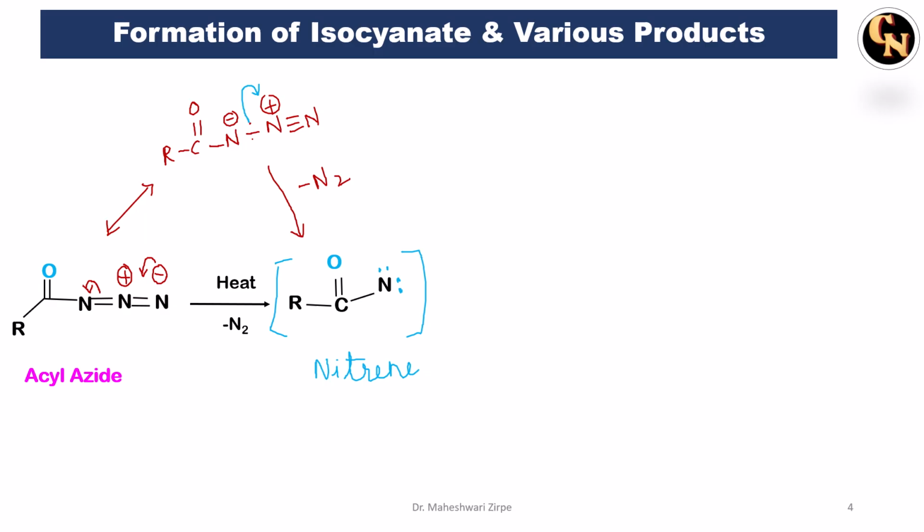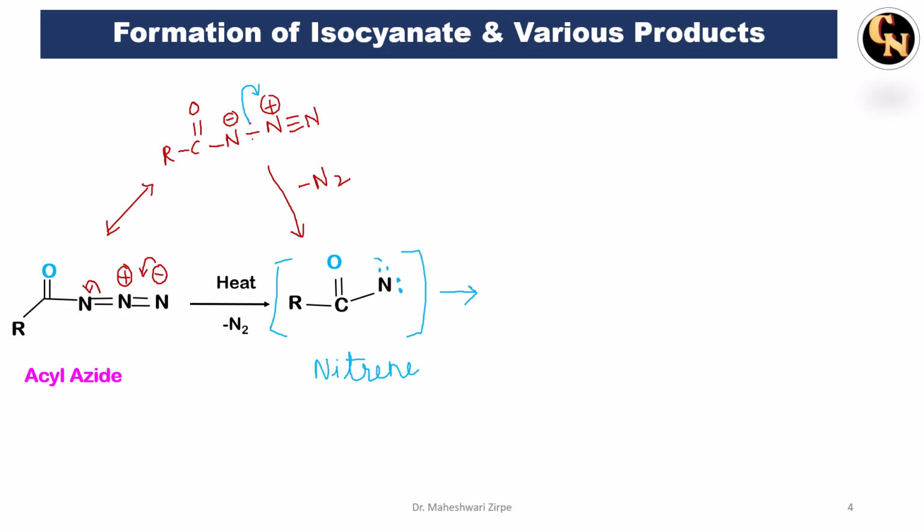Now this nitrene, what happens is, in the next step the proper Curtius rearrangement takes place and you get an isocyanate. There is a rearrangement going to take place. How does it go on? The electrons will shift here.